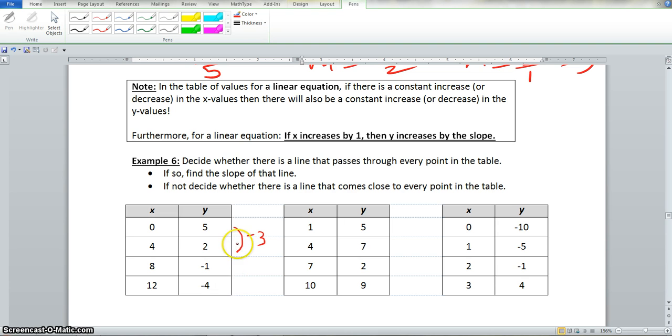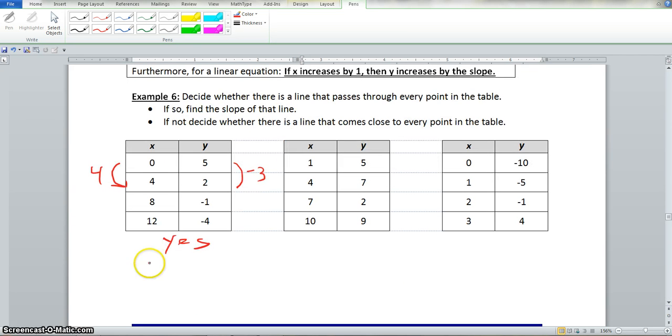So as far as our rise, it's -3. Now from 0 to 4 is 4, from 4 to 8 is 4, and from 8 to 12 is 4. So our run is +4. So our slope, we'll put yes first, and then our slope will be -3/4.